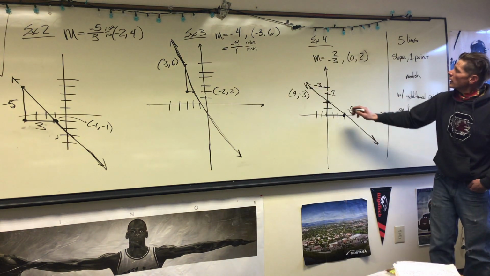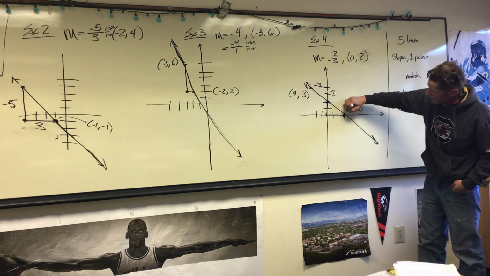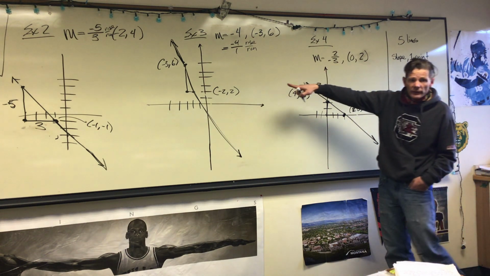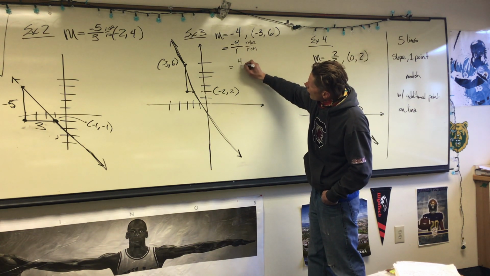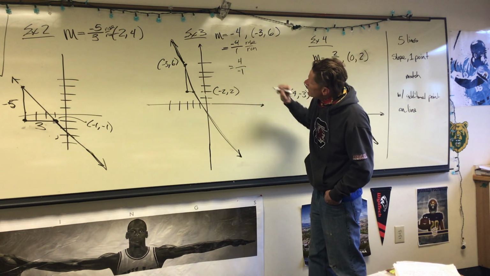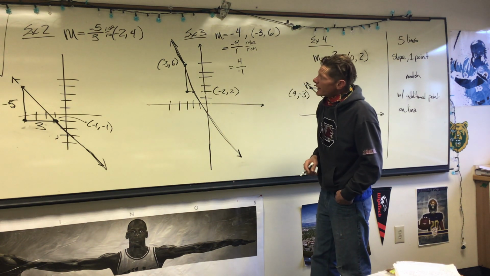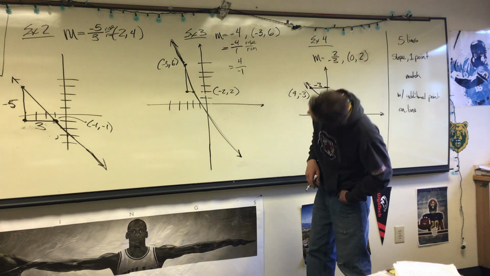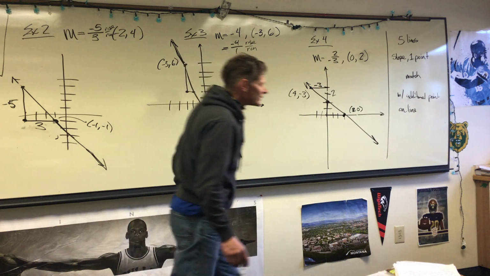Right? We went up 2 for every 3 to the left. So there are 2 points that are on that line. We could have done this as well. We could have gone 4 in the up direction, 4 positive, and 1 to the left. We could have done that and got a different point, but the same line. What in the heck are we doing here?